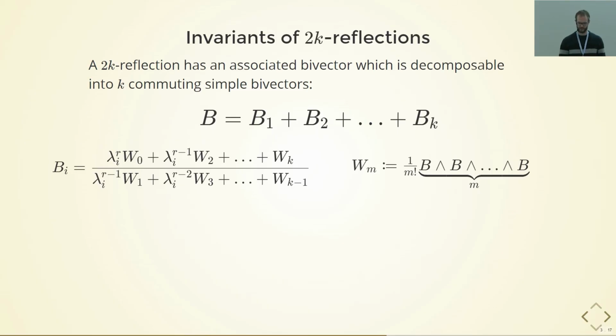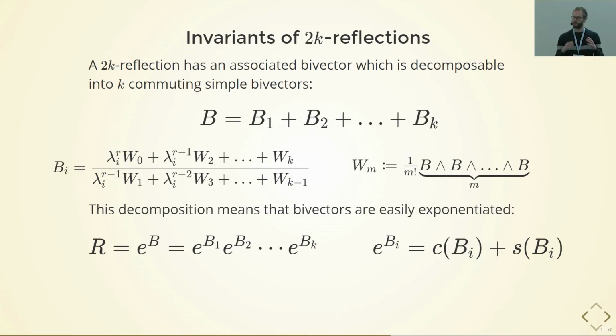If you're interested, you can look at the paper. But the key point is these wedges of the bivector turn out to be crucial. So you just have to take wedges until this becomes 0. Then you know the value of K, like what the highest one was. So you take these quantities Wm, and then you solve a similar formula to the one we did before. But it admittedly becomes a bit harder.